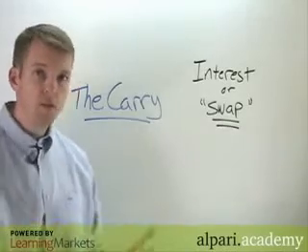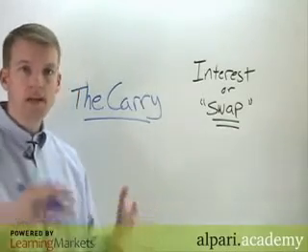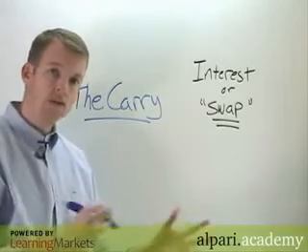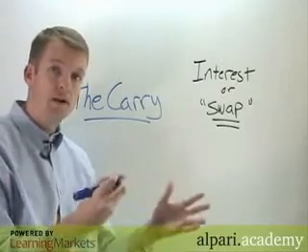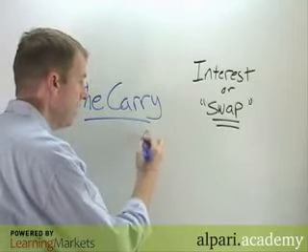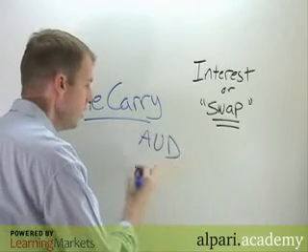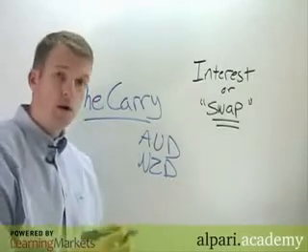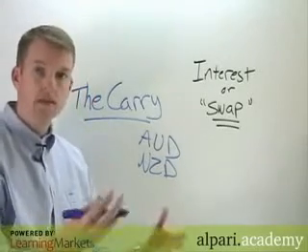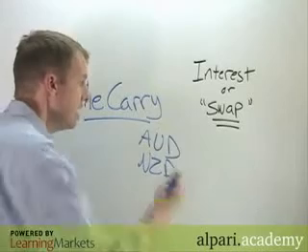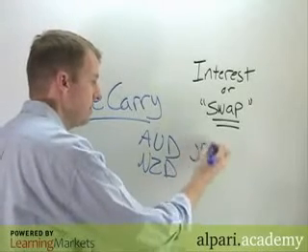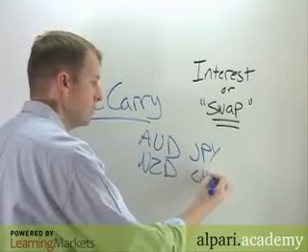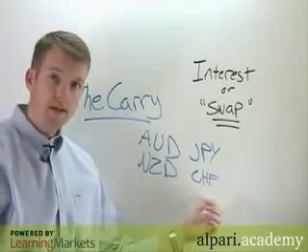Another version of this, by the way, is that traders will accumulate a carry trade portfolio. They may be long several high interest bearing currencies like the Aussie, the Kiwi, and even some more unusual crosses, like the Krona recently, and they'll be short the yen, the franc, some of these low yielding currencies on the other side.